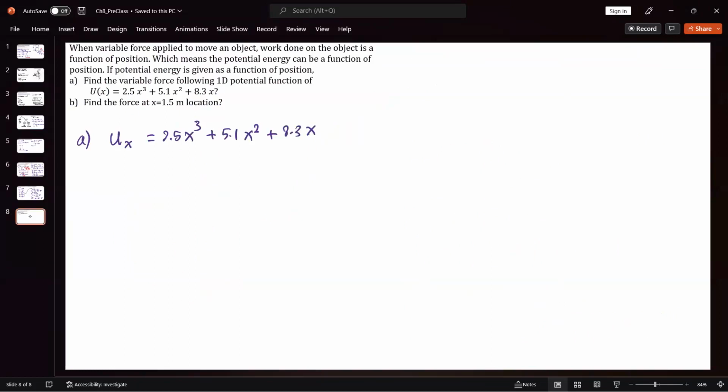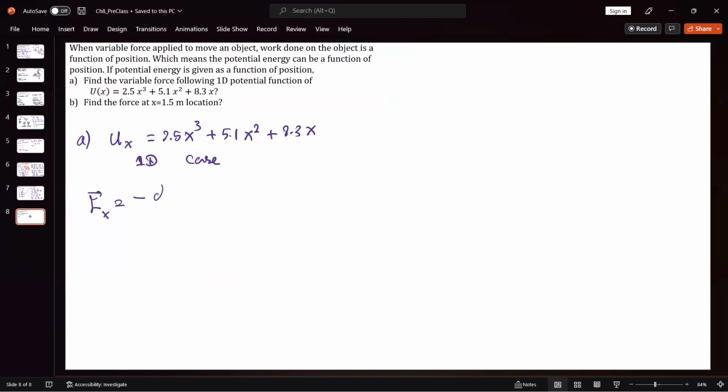This is an x-direction, one-dimensional situation, but you can see the potential is very complicated. It's not just a linear function, it's a third-order polynomial. Now, if I want to figure out what the force looks like on the x-axis, I can do the del operator times U(x).